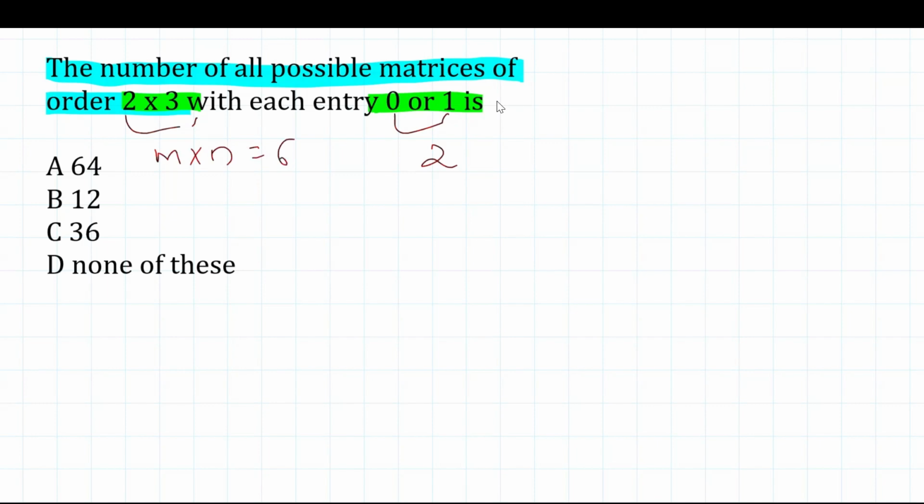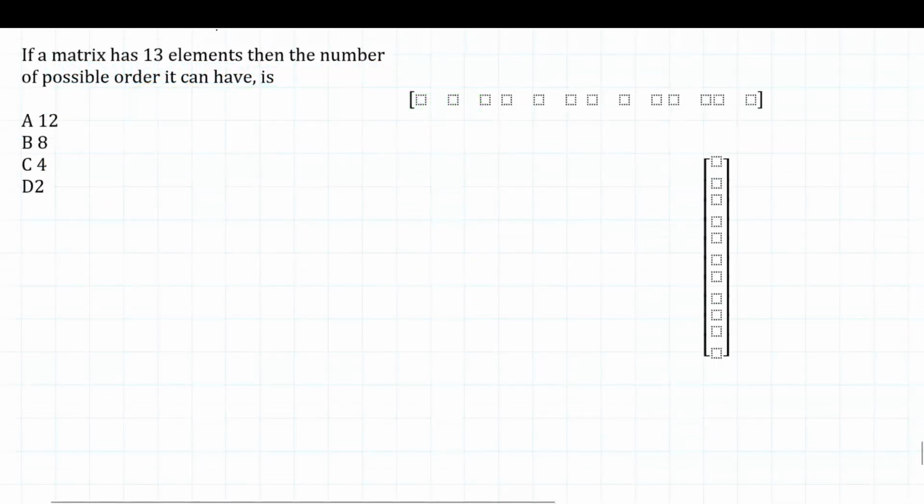So the total possible matrices that can be formed is the number of choices raised to the power m into n. So that is 2 raised to the power 6. And how much is it? 64. So 64 is the number of possible matrices that can be framed using these 2 entries, that is 0 and 1, of the order 2 cross 3.